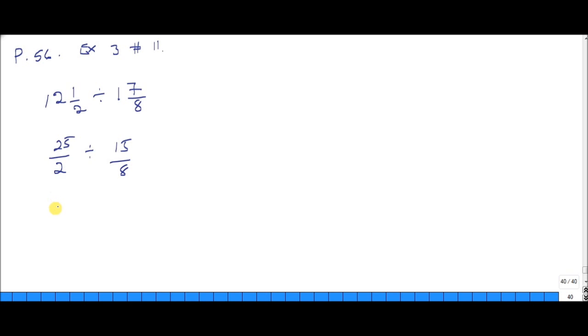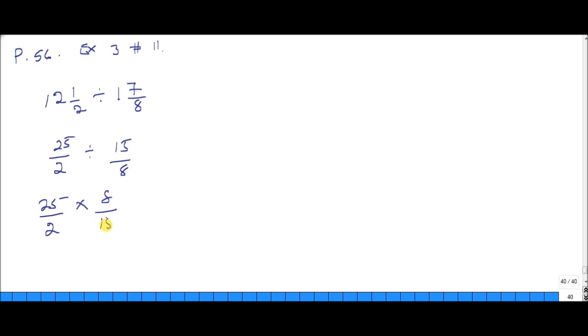Then we are going to multiply the dividend by the reciprocal of the divisor. So this needs to be inverted.